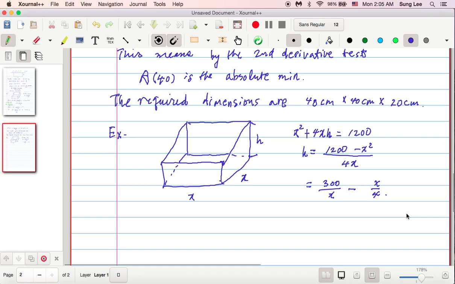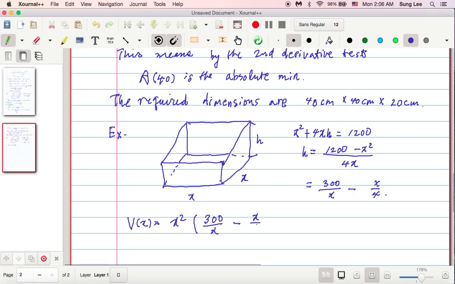And we want to maximize the volume. So we consider a volume function, which is a function of x. So volume is x squared times h, but instead of h, I'm going to use that expression so that we can write down the volume as a function of a single variable x.